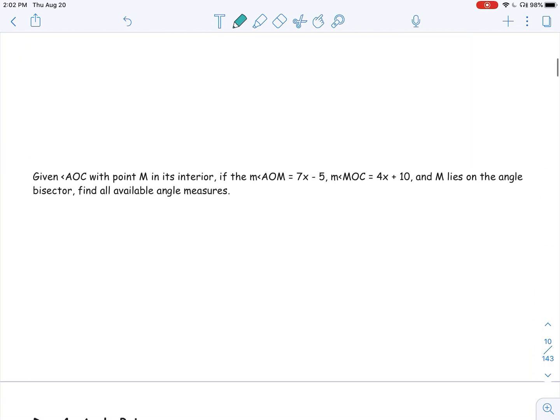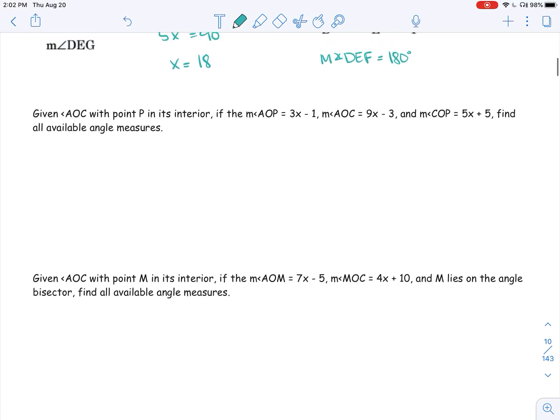On these, I would encourage you to draw some pictures. So given angle AOC with point P in its interior, so I'm going to stop there. Here is AOC with point P in its interior. I'm going to make that not smack dab in the middle.